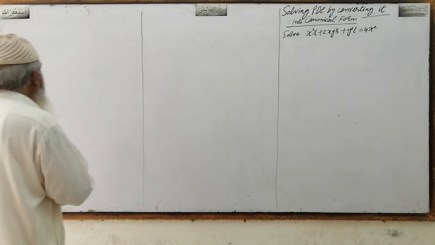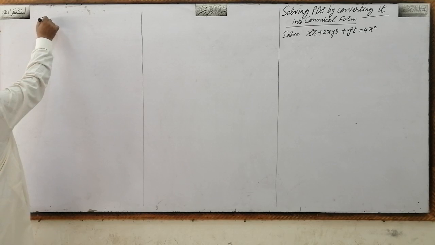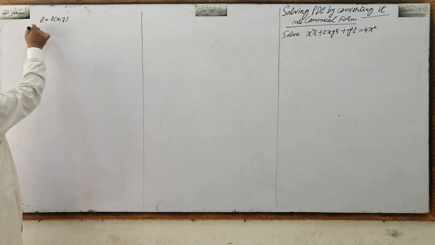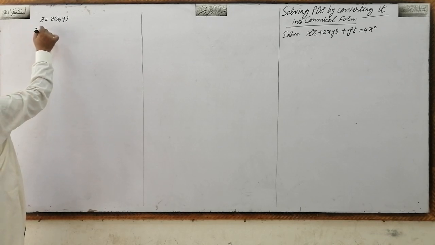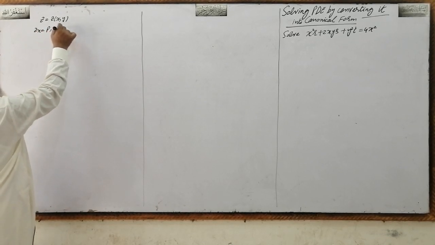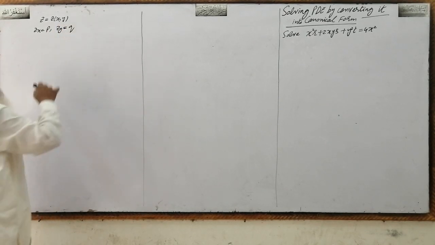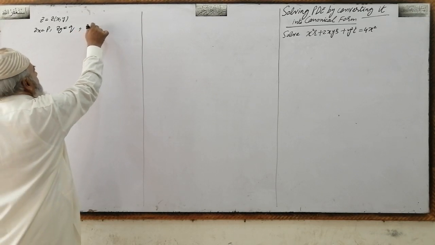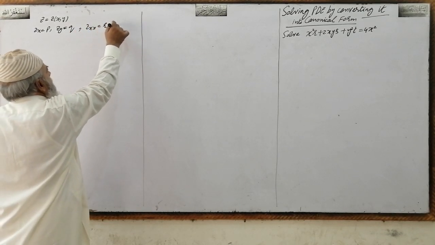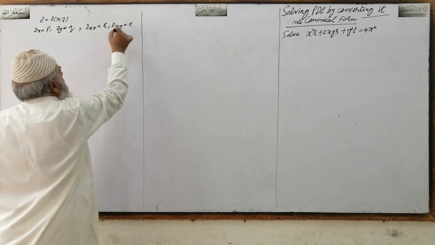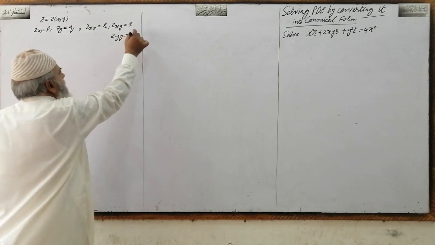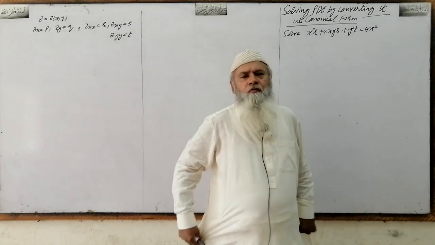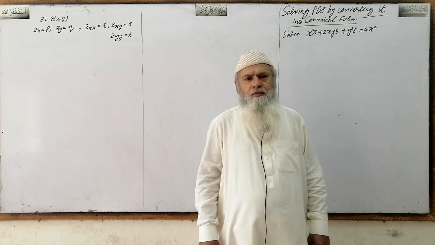If z is a dependent variable depending upon x, y, then the notation is zx is p, zy is q, z double x is equal to r, zxy is equal to s, and z double y is equal to t. These are standard notations which mathematicians use.